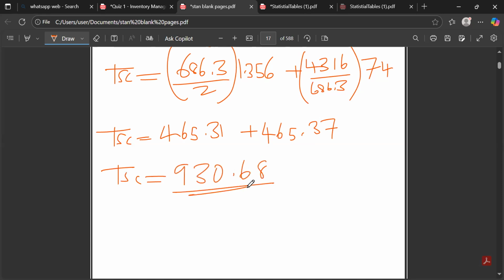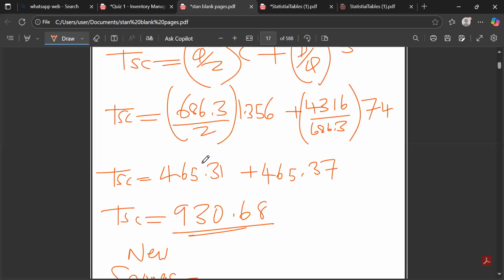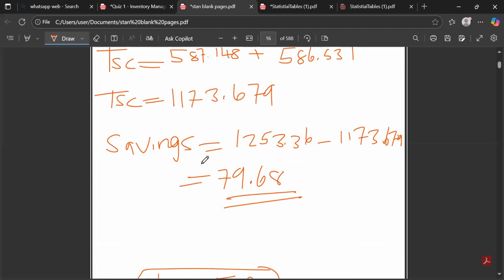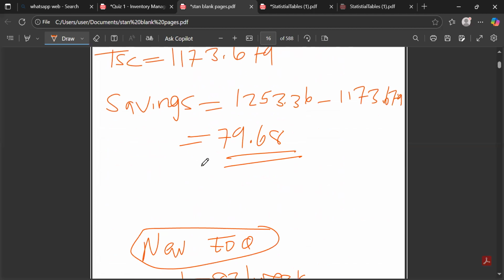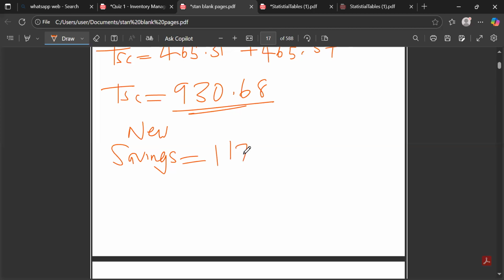So our total stocking cost in this case would be 465.31 plus 465.37, which is 930.68. So our new savings will be equal to 1173.679 minus 930.68.